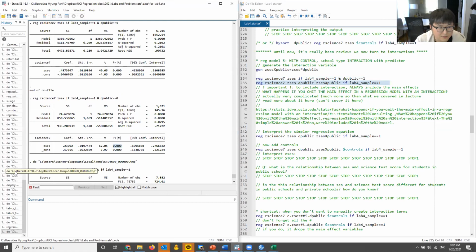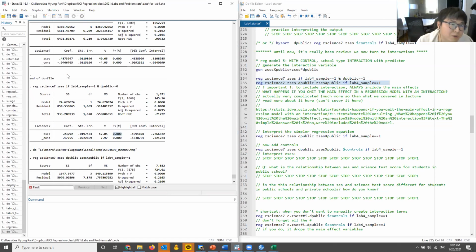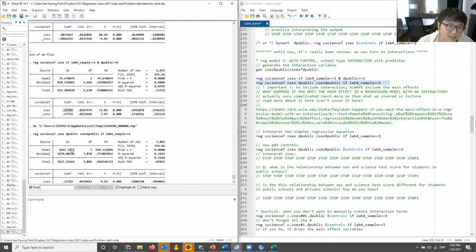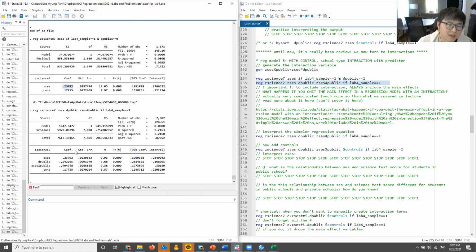But in order for you to do an F test, maybe the means of different groups are different, but they're all in the same model. So the only way for you to know whether this number and this number, whether the relationship for private school or public school is different, is to have an interaction term and see if that's significantly different. And this tells you that the slope is significantly different by this much.